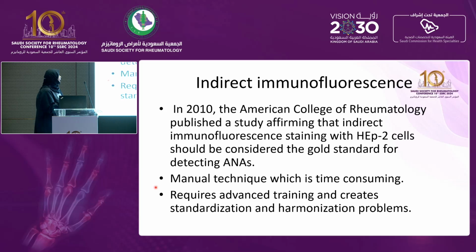In 2010, the ACR, the American College of Rheumatology, said the gold standard test to detect the ANA is immunofluorescence. Why immunofluorescence? It will give you the positive test, the titer of the ANA, and even the pattern of that.